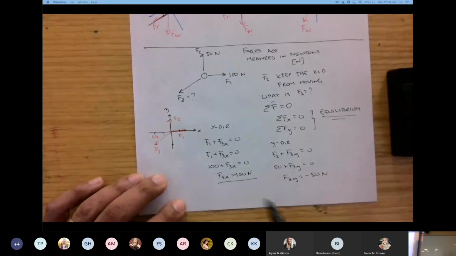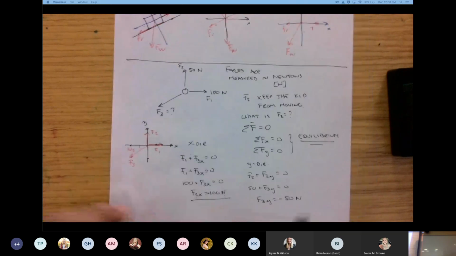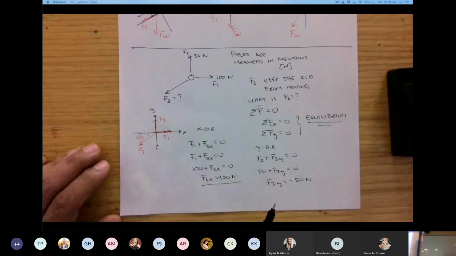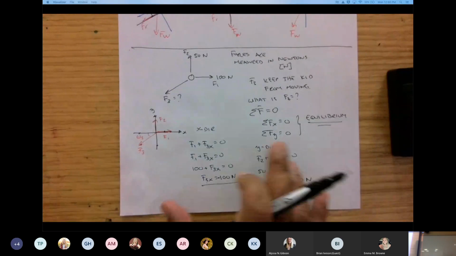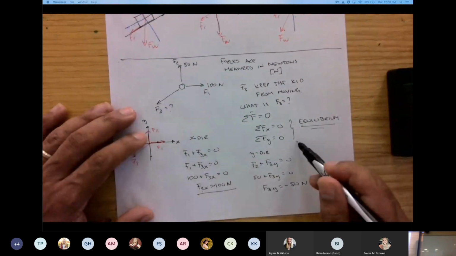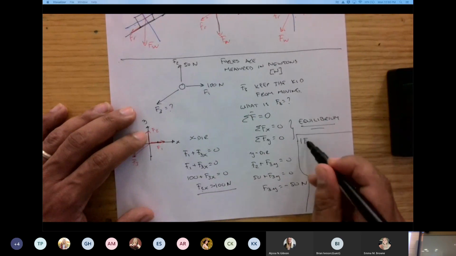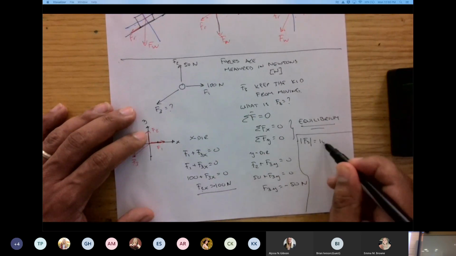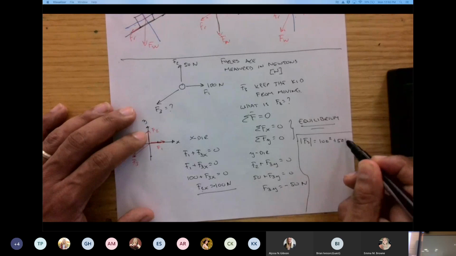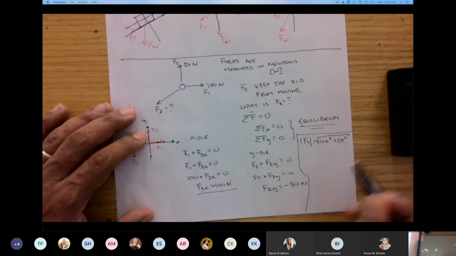So now I have the x component of F3 and the y component of F3. So now I can calculate the magnitude and the direction. So the magnitude of F3 will be something like this, and I think it's 111.8.